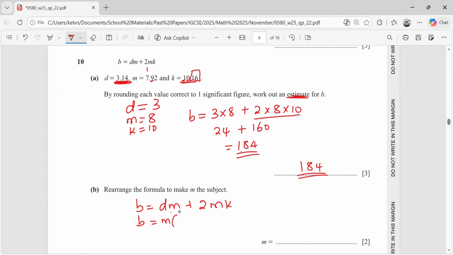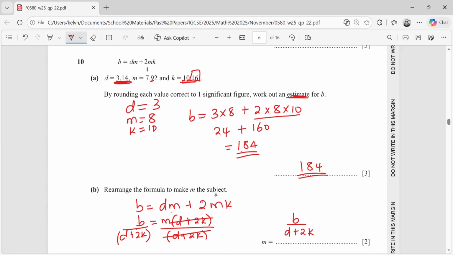Once you factor out, we remain with D plus 2k. And then to get M, you can just do division by D plus 2k, on both sides. So this will cancel this bracket. So M is going to be B over D plus 2k.